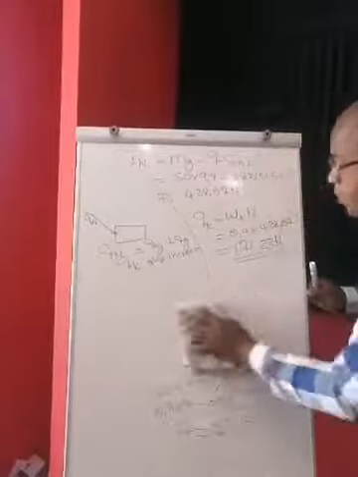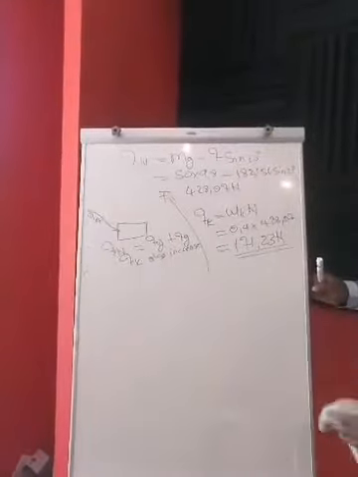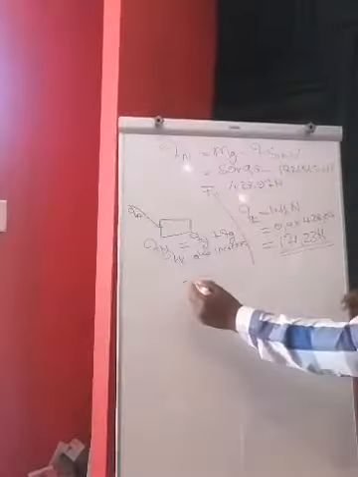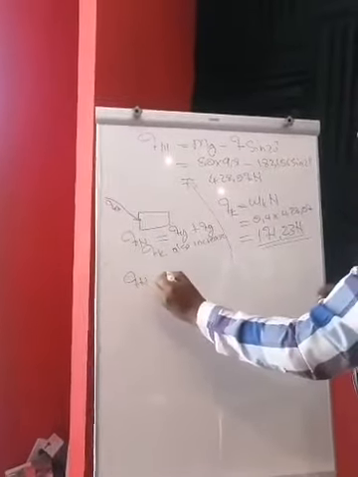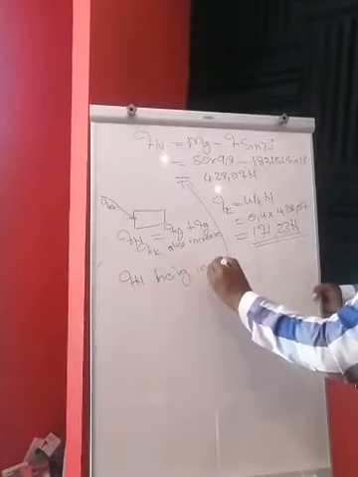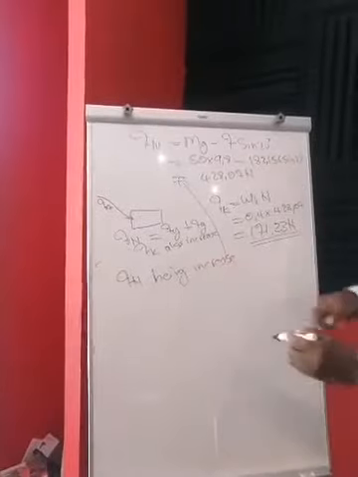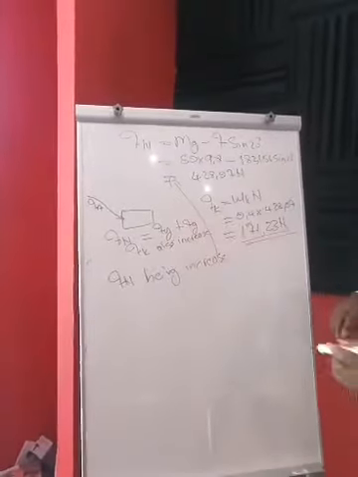Let me write it properly. So we have the normal force being increased because the normal force in this case will be equal to Fy plus Fg.